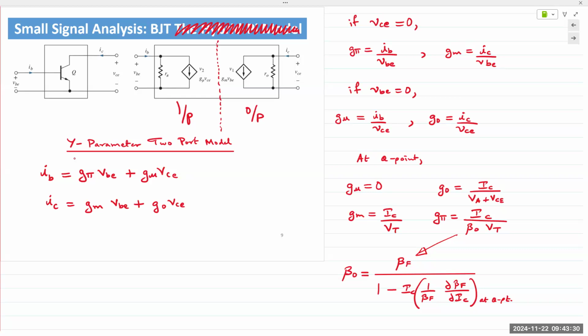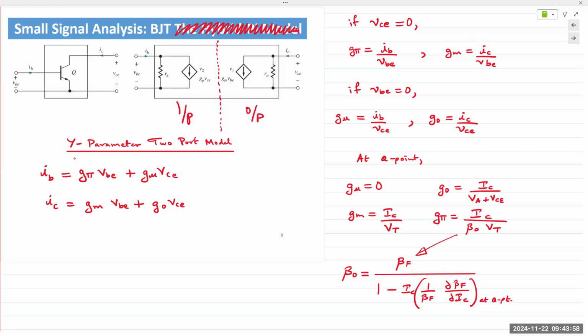If you take the inverse, it gives you R pi, which is the input resistance. GO is the output conductance. If we take the reciprocal, we get RO, which is the output resistance. So it describes both the input side and the output side. And both input resistance and output resistance are a key factor when you're trying to design an amplifier circuit.